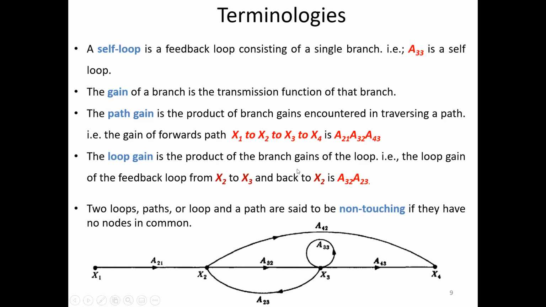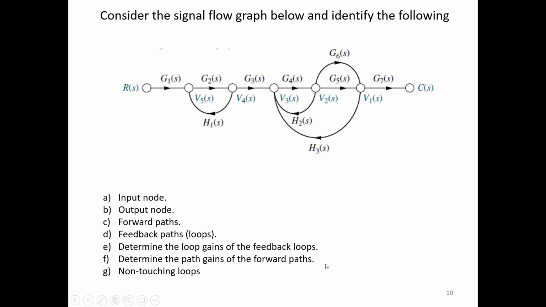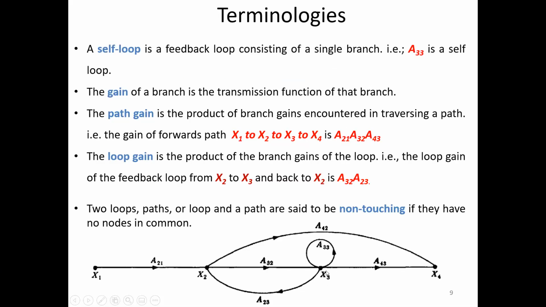Similarly, we can have a loop gain. Identify any loop for that matter. Whatever branch traversal you do, if you compute the product of those branch gains, it's a loop gain. Say for example, here we have a loop, starting from node x2 through a32, I'll be going to node x3, and through a23 I'll be coming back to node x2.